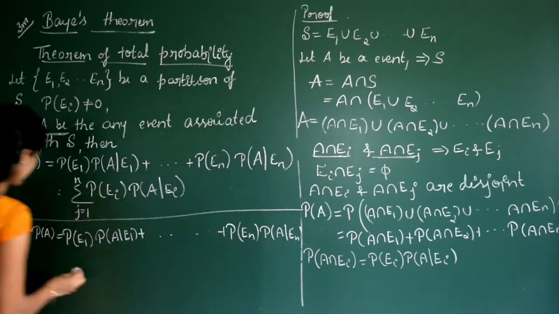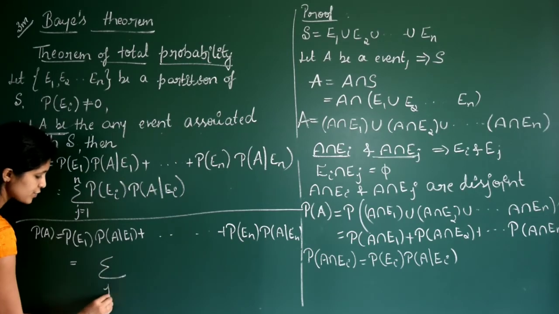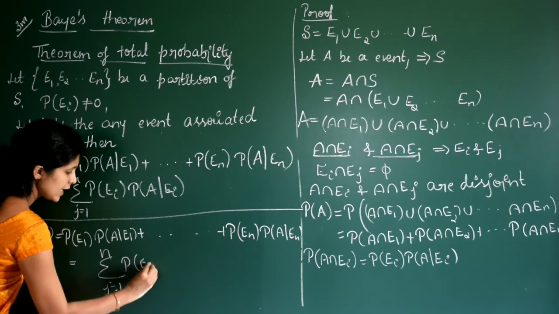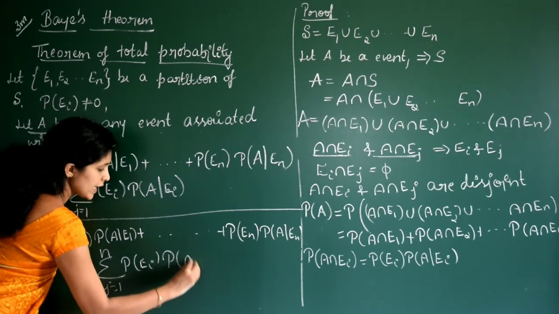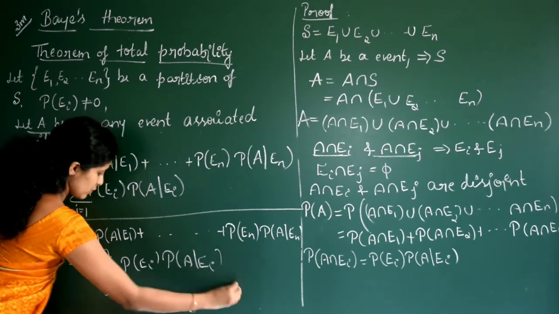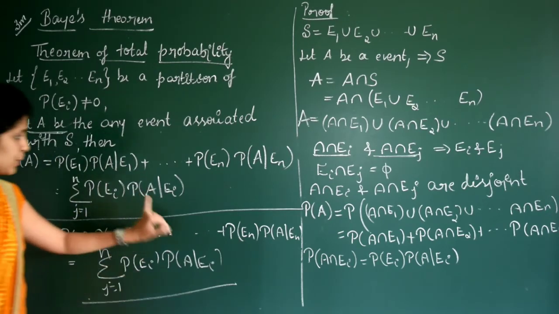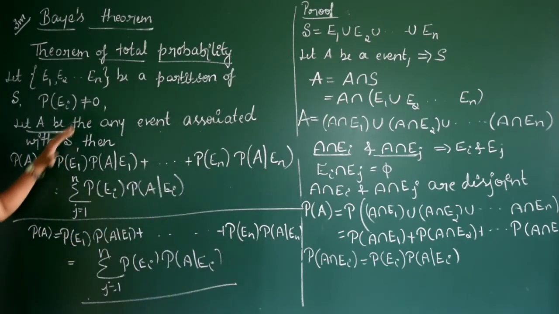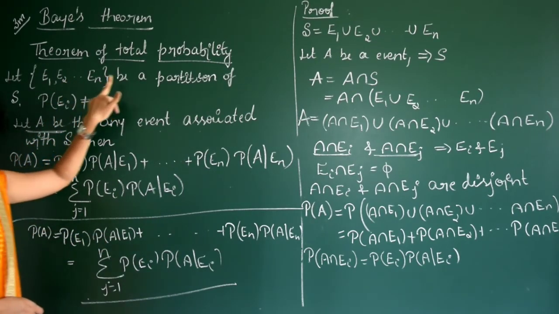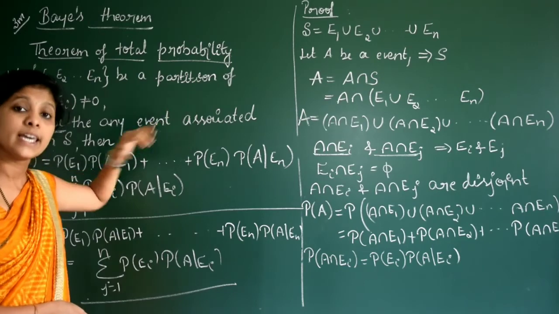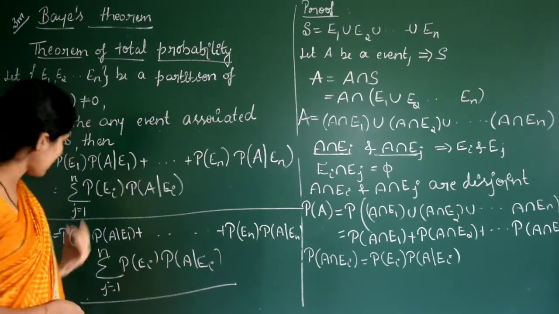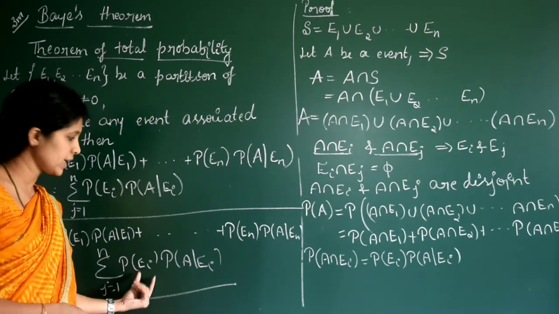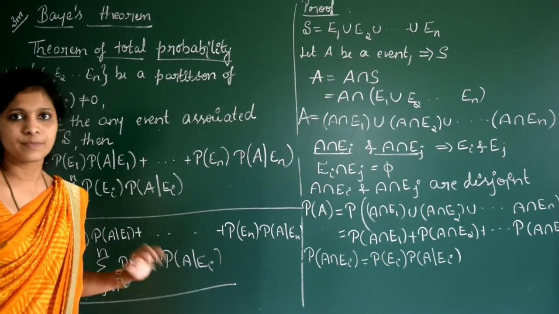So this can be written as the summation, j varies from 1 to n, of probability of Ei into probability of A by Ei. Remember this formula: E1, E2, En are the events associated with the sample space, A is any other event, then probability of A is given by the summation j from 1 to n of probability of Ei into probability of A by Ei.